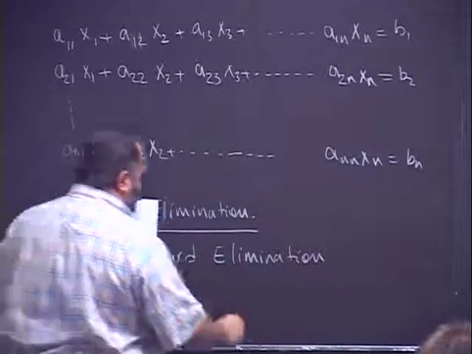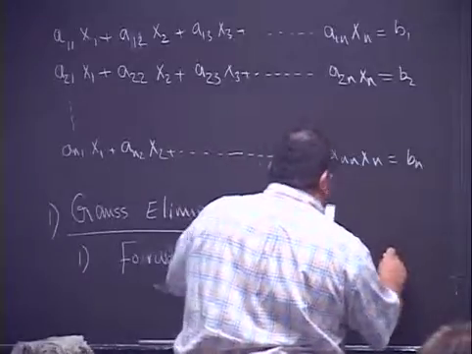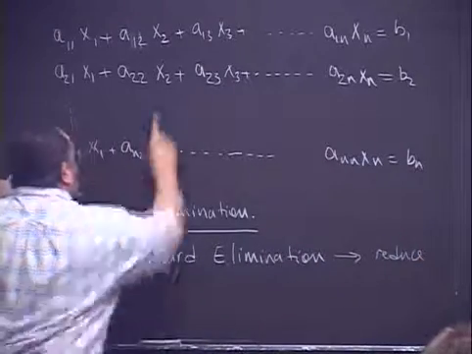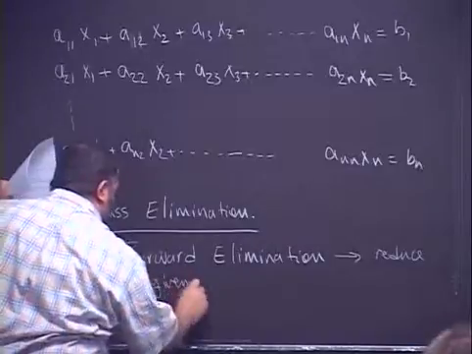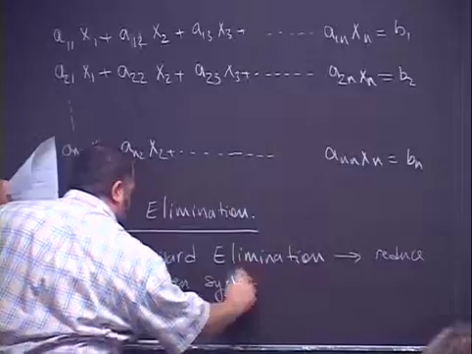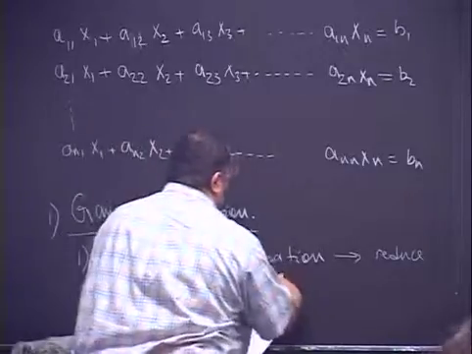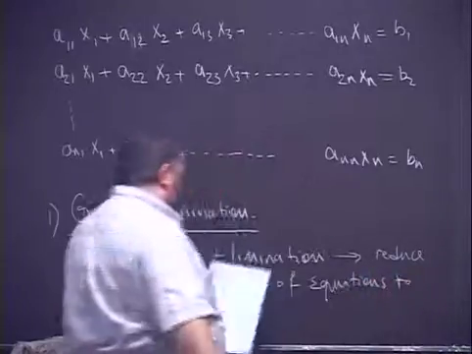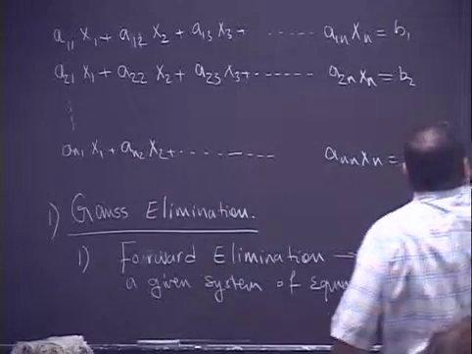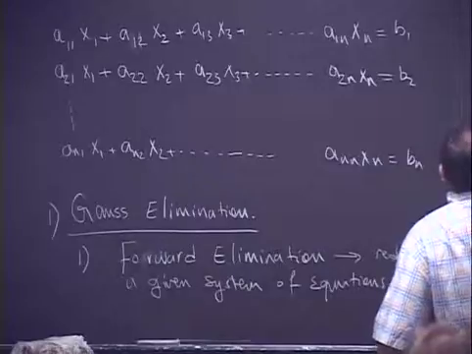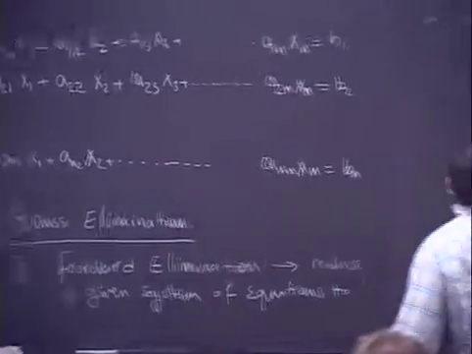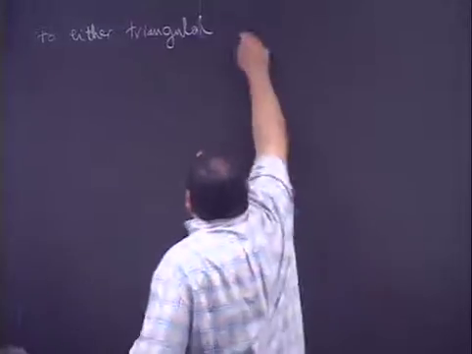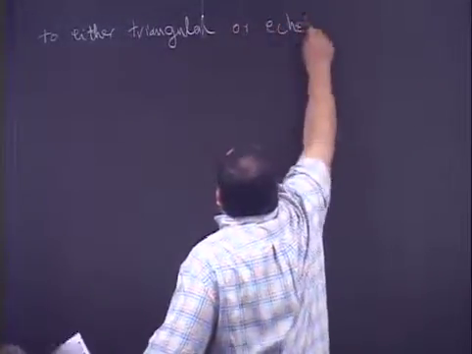So forward elimination, usually this technique will allow us to reduce a given system of equations, like this system, to either triangular or echelon form.